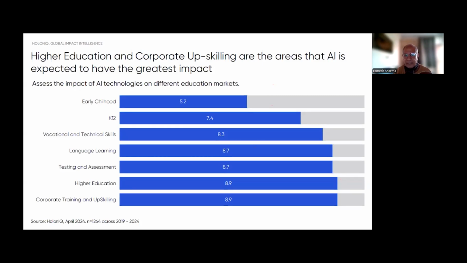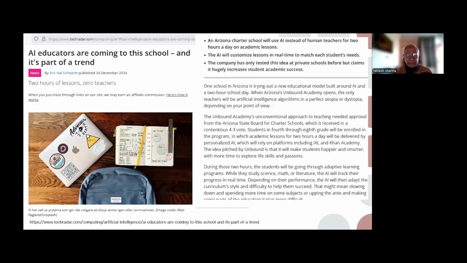And these are various areas where AI will have the maximum impact: early childhood, K-12 sector, and you can see vocational education, language learning, testing and assessment, higher education, and corporate training, upskilling. These are the areas where the maximum impact of AI will be noticed. So now you can understand why it is important for us to be aware of what artificial intelligence is.